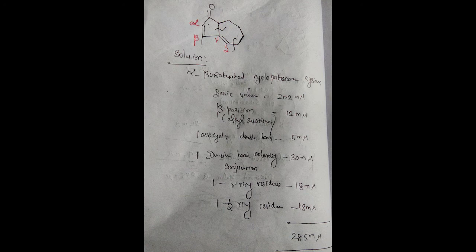Then it has one double bond extending conjugation, so we add 30 millimicron. And there is a ring residue at the gamma position, so we add 18 millimicron. And one ring residue at the delta position, so we add 18 millimicron. So the calculated value is 285 millimicron. The observed value is 287 millimicron.